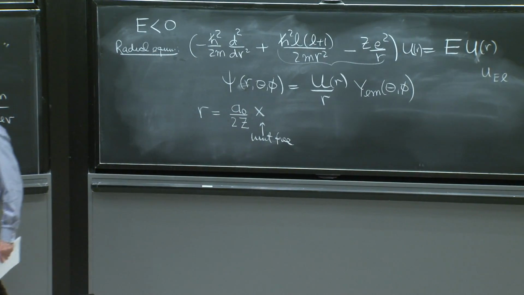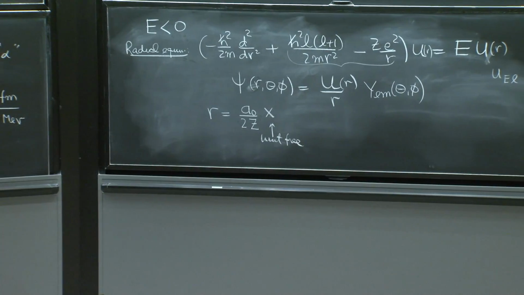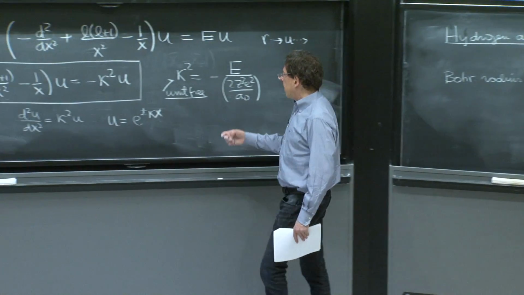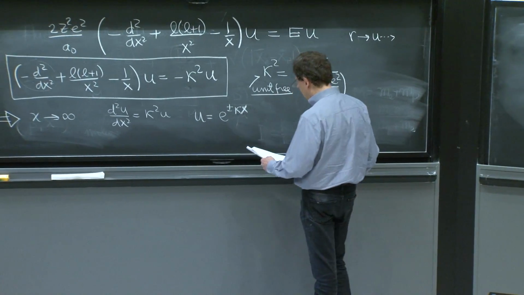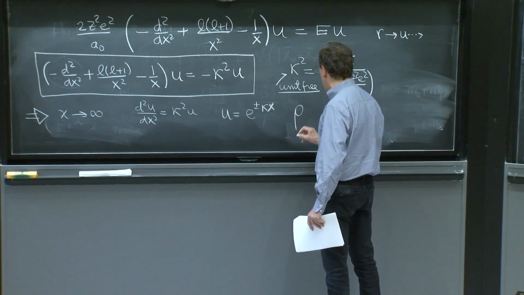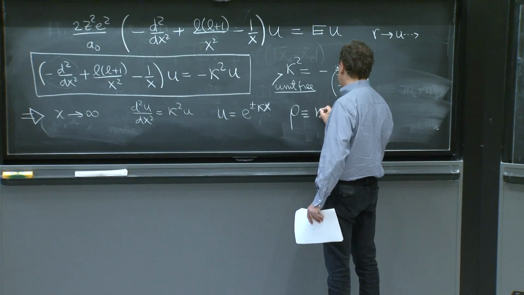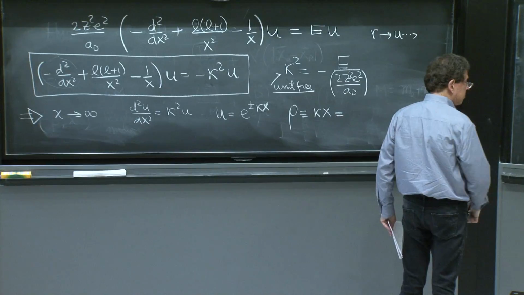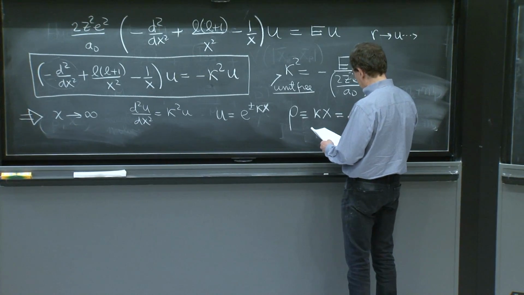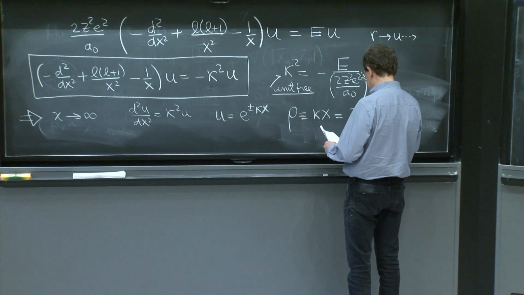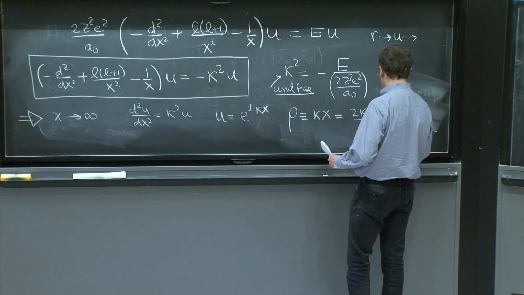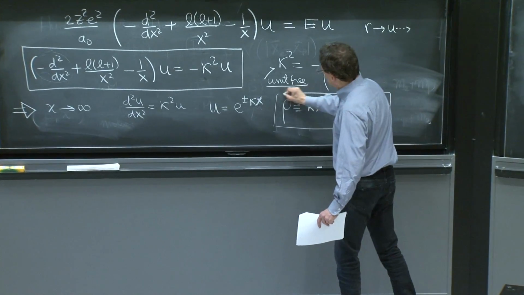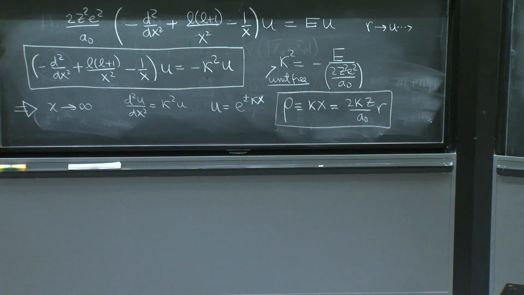I'm not suggesting that this is something that would occur to me if I'm doing this problem, but it's certainly a possible thing to do, to say, OK, I'm going to define now rho as kappa x. And with x being given by this, rho would be 2 kappa z over a naught r. So rho is going to be my new coordinate.